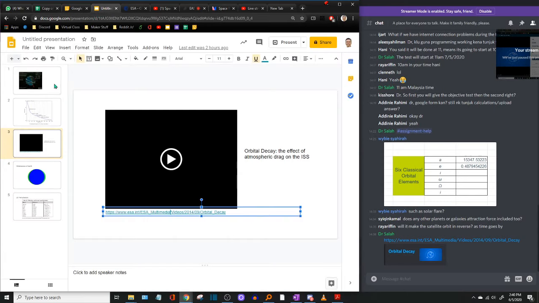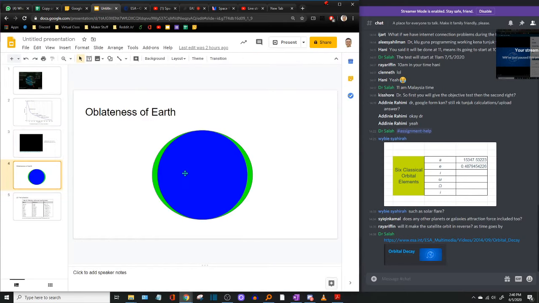Let me show you here. There's about a 20-something kilometer difference between the equatorial and the polar radius. If you imagine a basketball and you sit on it, that's how it looks.